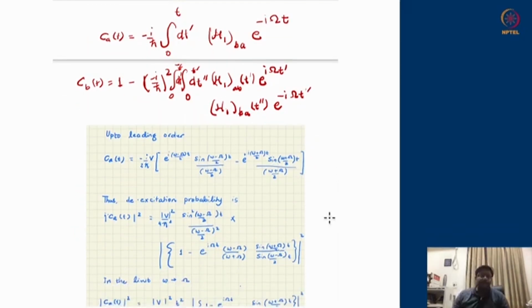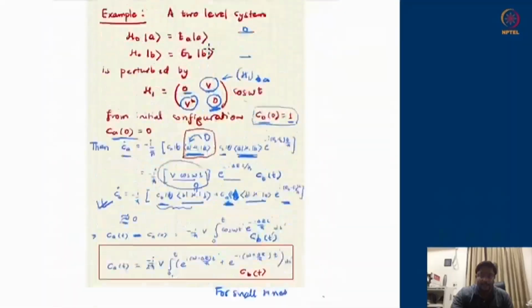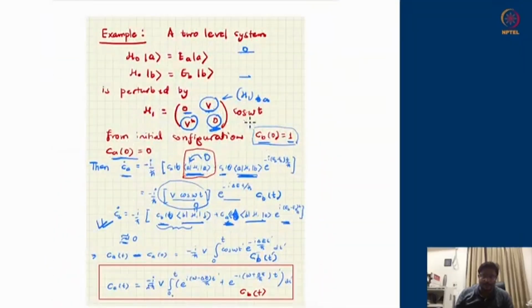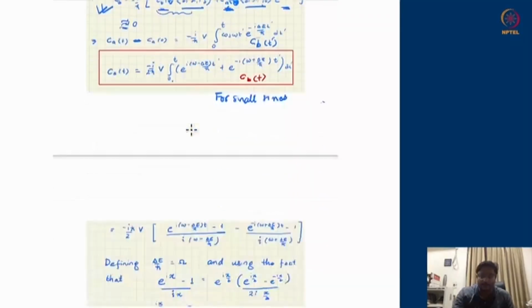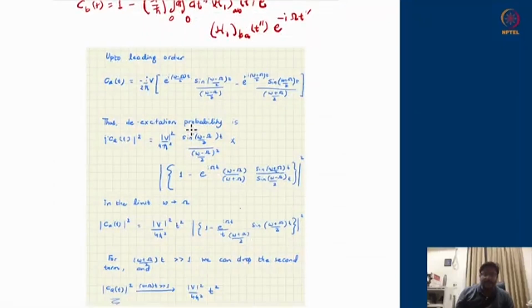Now let us put it in our problem. I know what is the off diagonal element for my system. My Hamiltonian was the off diagonal matrix times cos omega t. So therefore I know my matrix components, matrix elements, that I will feed into the problem and I will get this sinc function and another sinc function as we derived earlier.